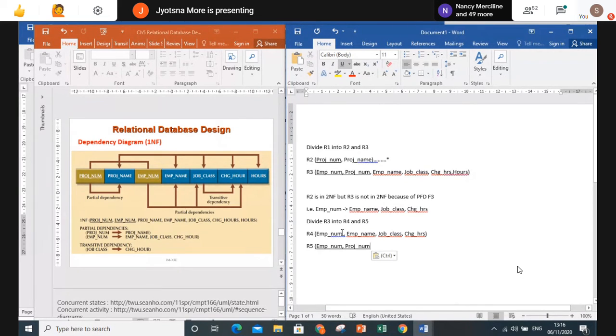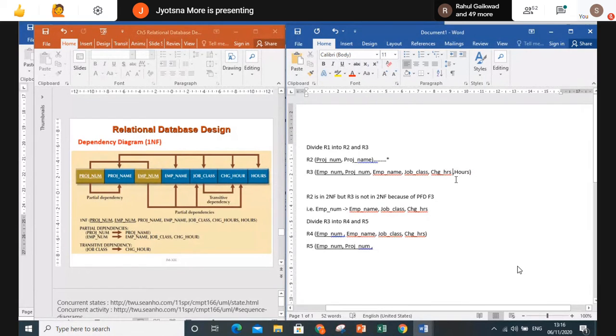Okay. In this case, which will be the primary key? Employee number is the determining thing. So my employee number will be the primary key. So I have to take care of that also. Then comma. Now from this relation, this primary key I have taken. After that, employee number which is present here, job class which is present here, charging hours which is present over here. Left is hours.